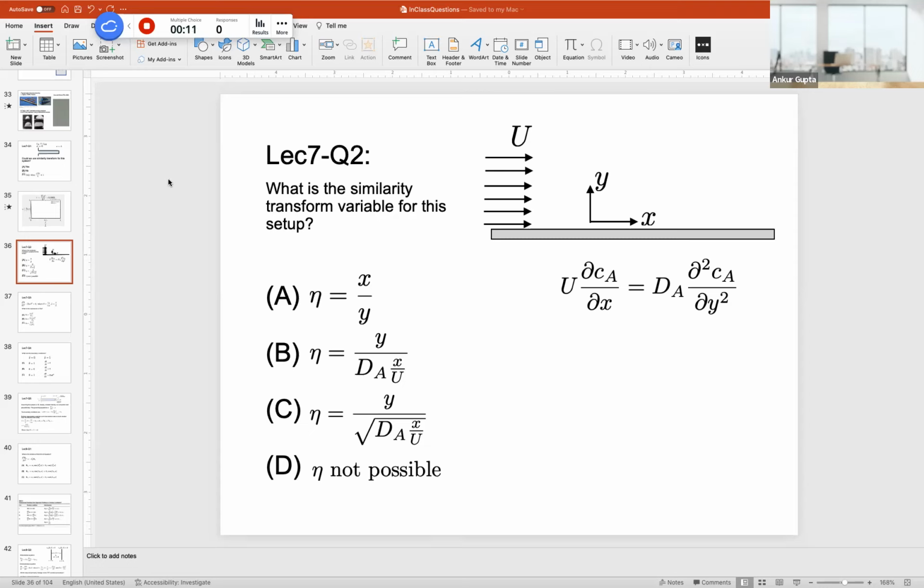So how would you think about the similarity variable in this problem? Maybe another 30 seconds.